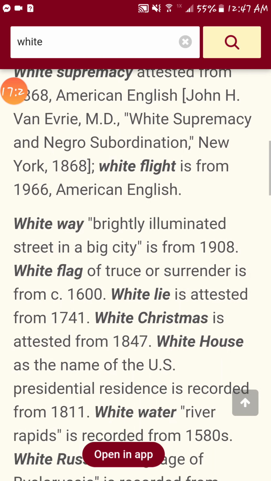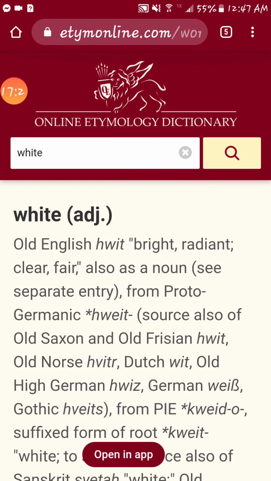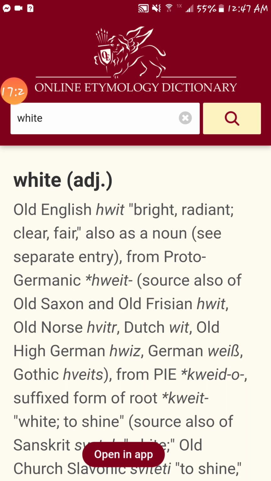But notice how it says Old English, hwit. Actually, if you take that H and put it at the front of W, that's white. You know, the same word, white, wit. Take that E off, it's wit.